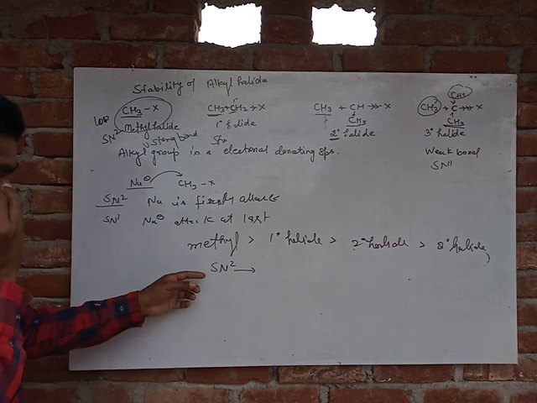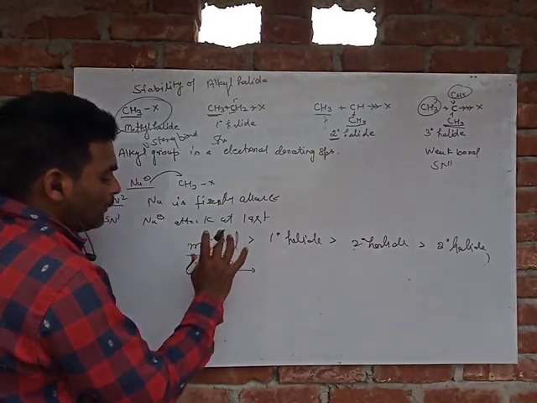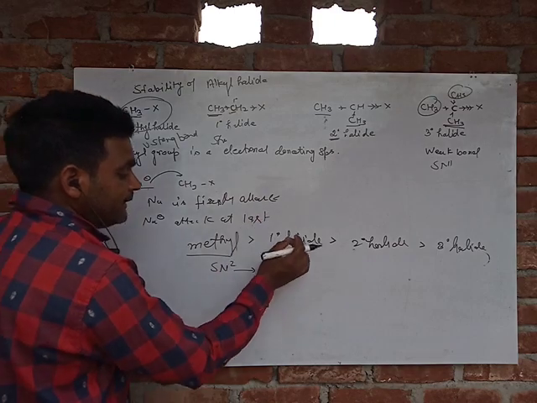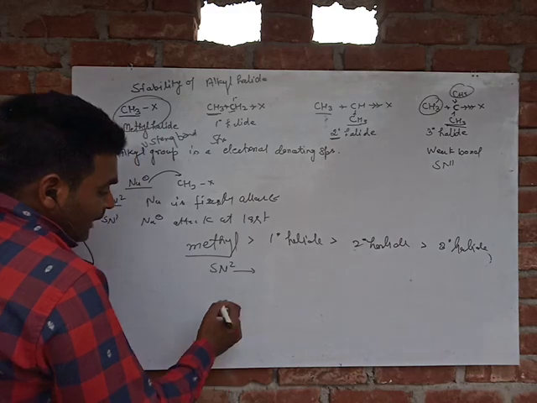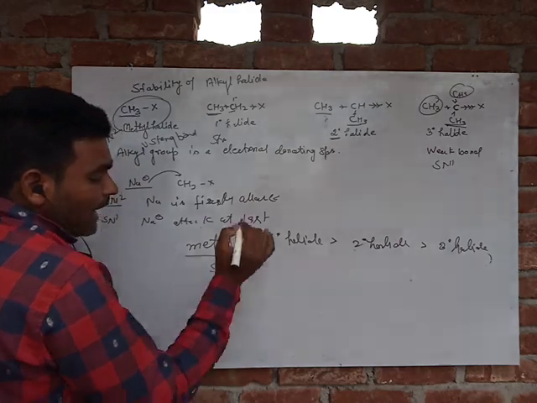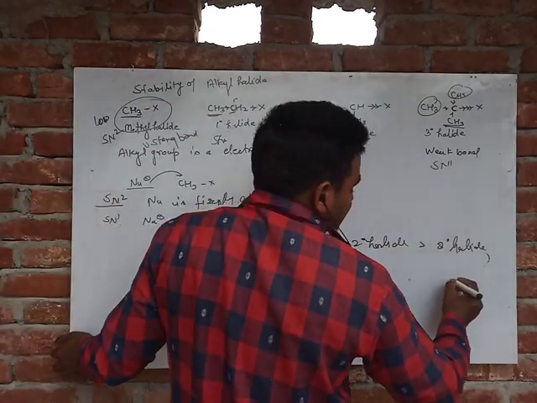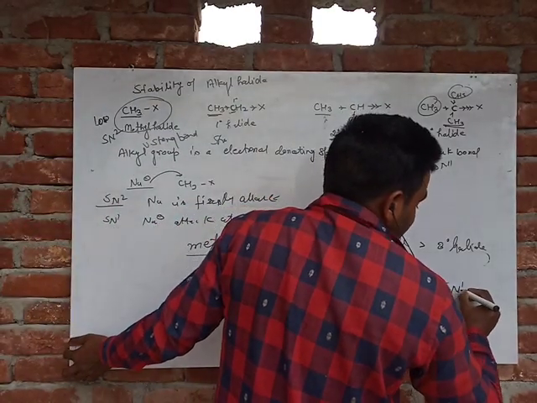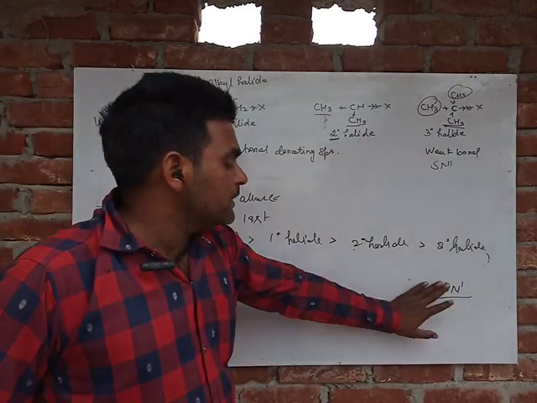Means the SN2 mechanism is mainly found in methyl halide, and the possibility of SN2 decreases to primary, secondary, and tertiary. While in the increasing order of SN1, tertiary halide undergoes the nucleophilic reaction by SN1 mechanism. Thank you.